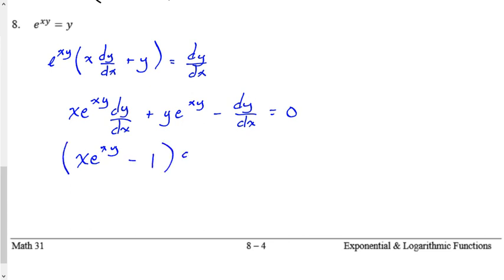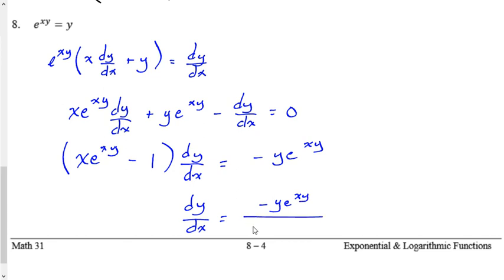And this middle term that didn't have a dy dx, I'm going to subtract it to the other side of the equation. And then we can divide out that bracket to isolate the derivative of y with respect to x. And there we go.